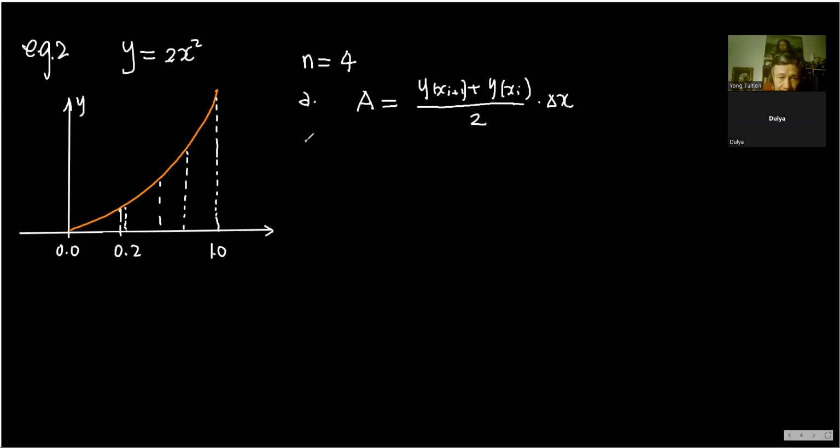And the second, we use this formula which we studied. We just use y x_i, a simple method. Can we just use y x_i multiply delta x? Okay, can you try to see the difference between these two?